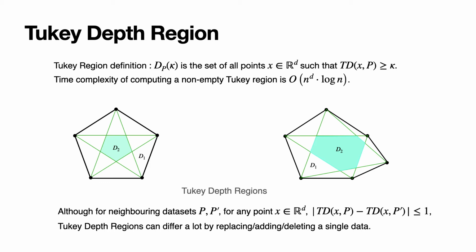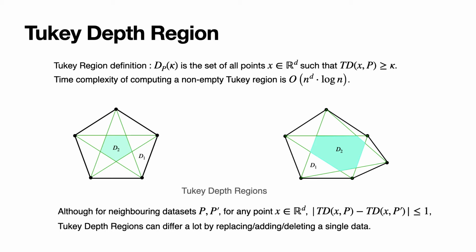As shown in the figure, D1 denotes all of the points in the space whose Tukey depth is greater than or equal to 1, which is an alternative name for the convex hull of the data points. And the 2 Tukey region D2 denotes all of the points in the space whose Tukey depth is greater than or equal to 2.